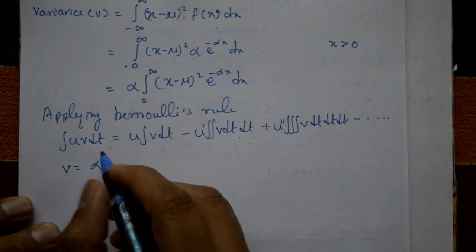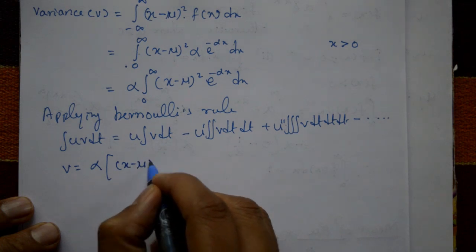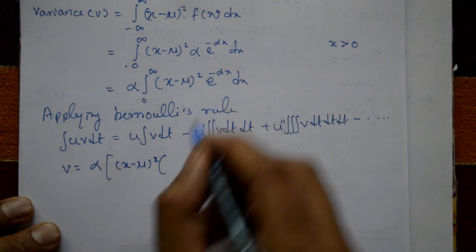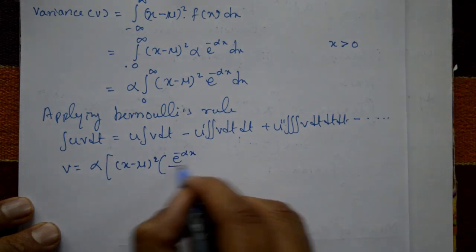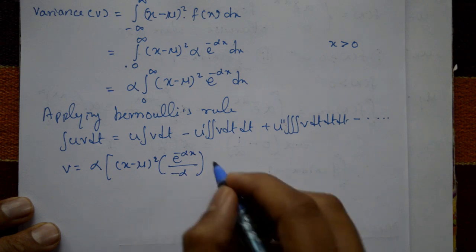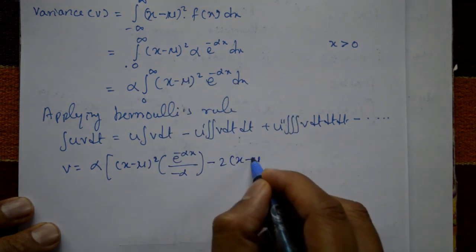alpha is a constant outside, now u is (x minus mu) whole square into integrate this one, e raised to minus alpha x divided by the constant, means minus alpha. Okay, minus u dash, differentiate this one, 2 into (x minus mu).